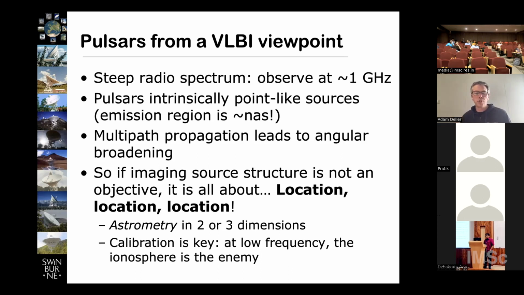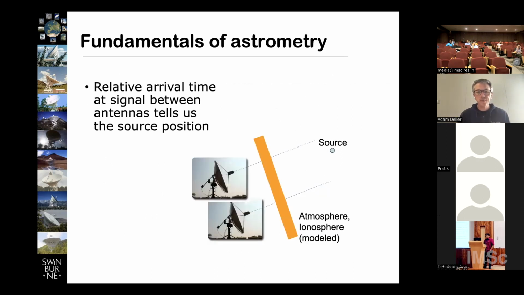But first, I just want to talk a little bit about the realities of making highly precise astrometric measurements of pulsars with VLBI. And here, calibration is really the key thing. And at low frequency, it's the ionosphere that is the main thing we need to calibrate out.